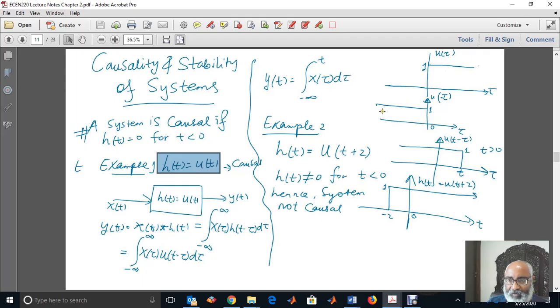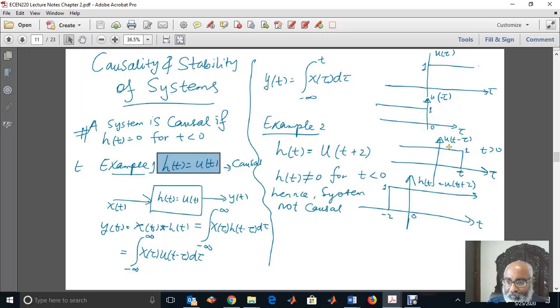If you flip it, you will get u of minus tau, from minus infinity to 0, and then you slide it. For example, I slide it to the right, and it will be from minus infinity until t, for a shift t greater than 0. So I have here u of t minus tau.